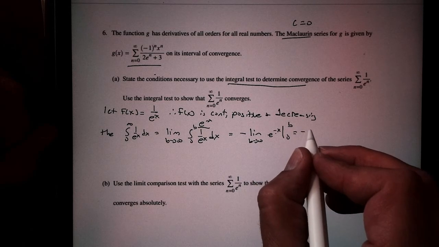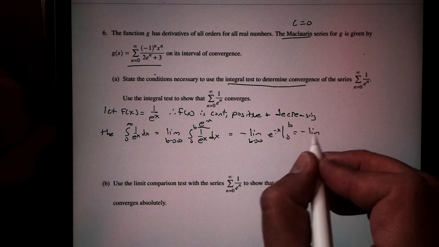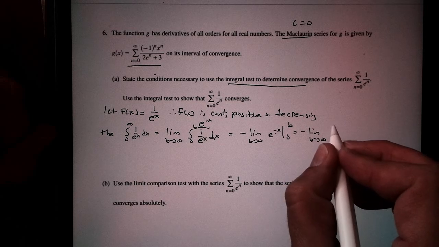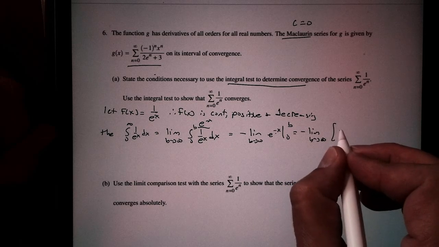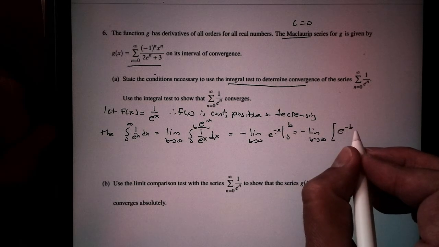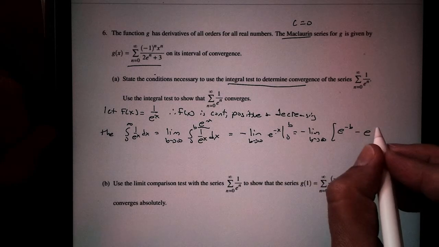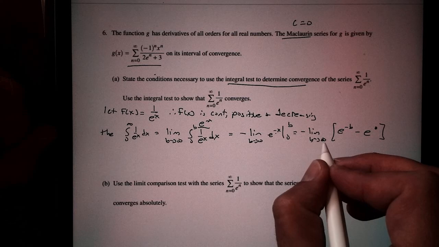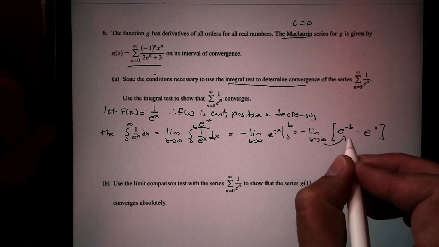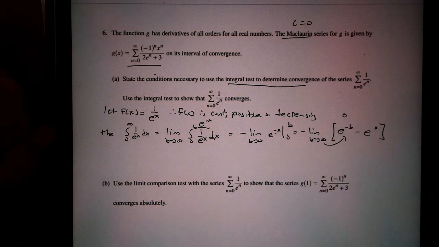Using the FTC, we would get the negative the limit as b goes to infinity, and this becomes e to the negative b minus e to the 0, which is just 1. Now, if we let b go to infinity, of course, this just becomes 0. E to the negative infinity is 0.